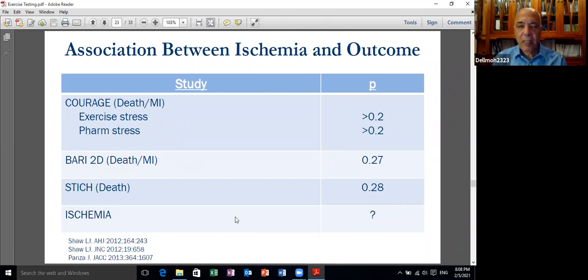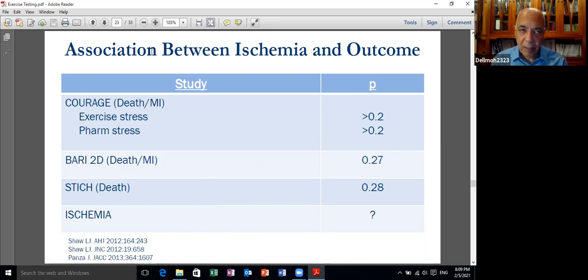So until now, we don't know what to do exactly, but we have to know that in patients with stable coronary artery disease, the occurrence of ischemia should be linked to the whole situation of the patient in deciding which is the optimum line of treatment for these patients.